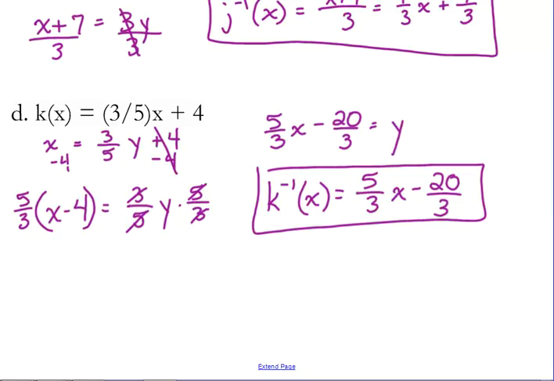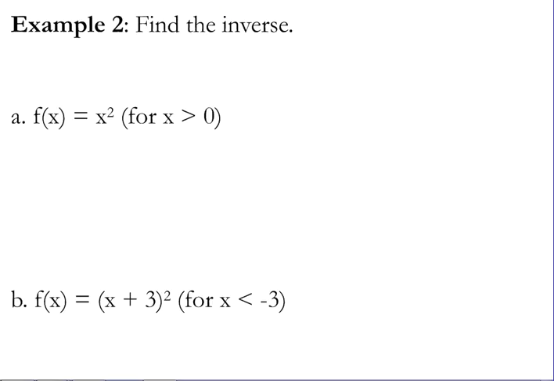Let's look at the next type of function. Okay, so we're going to step up from linear to nonlinear. Okay, parabolas, quadratic functions. We're going to find the inverse. Now, notice I've got a little something extra beside each of these equations. It's not just f of x equals x squared.